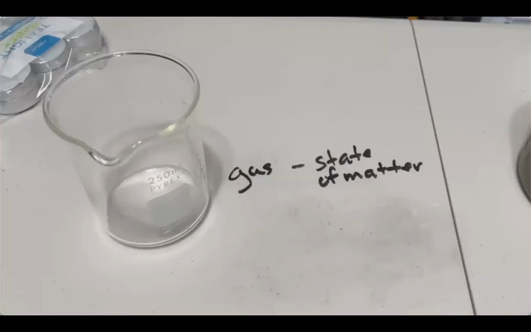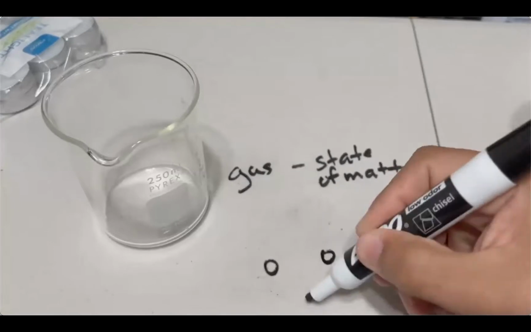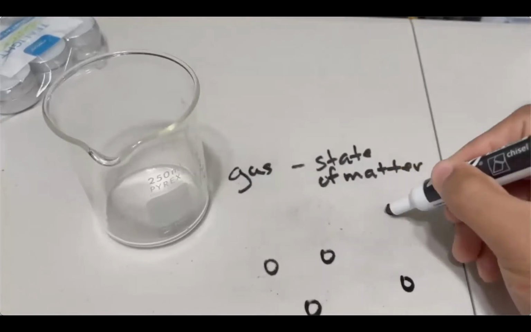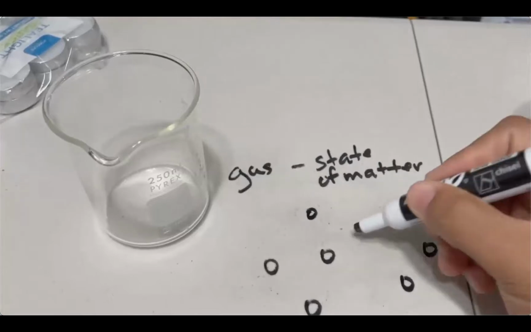However, if you were to actually be able to see these gas particles, you would see that they are much further apart than both liquids and solids, and they would be scattered more randomly like so. Can you guys think of any examples of gases?